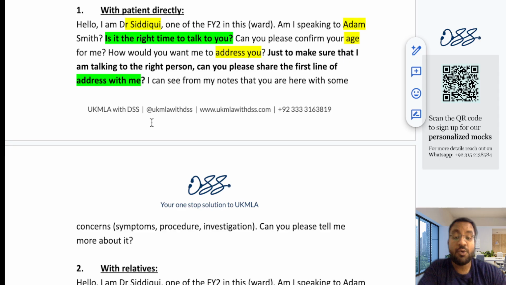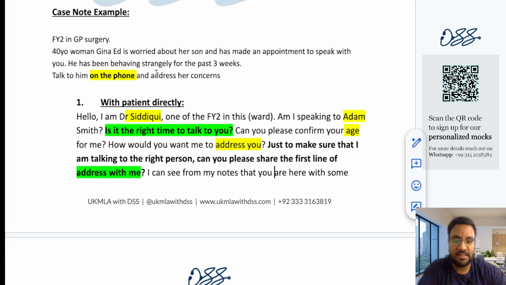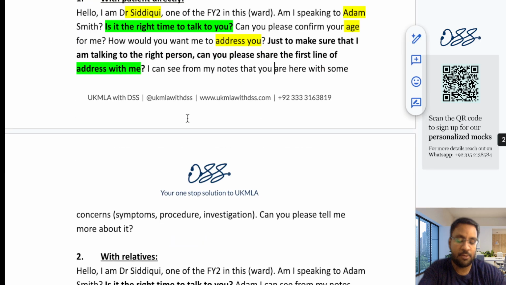For all telephone calls, you need to confirm the first line of the address as well, and the first line of the address would be given to you in the question stem or in the case notes. So do not jump onto the open-ended question if you do not confirm the address. If you do not say this line, just to make sure that I'm talking to the right person, can you please confirm the first line of your address with me, you're going to lose some marks in data gathering.